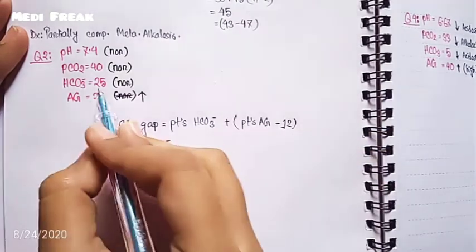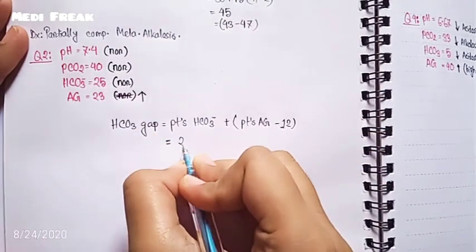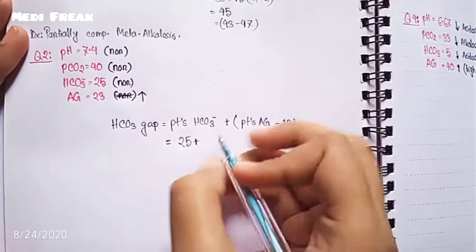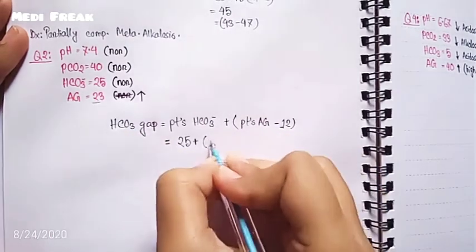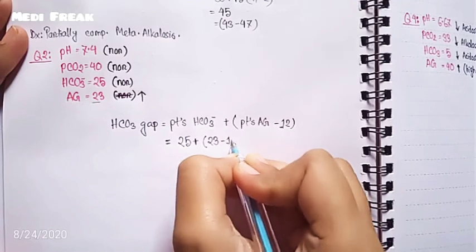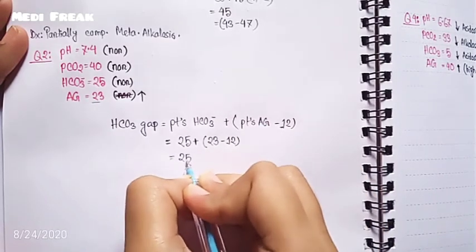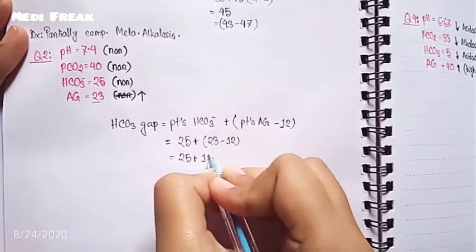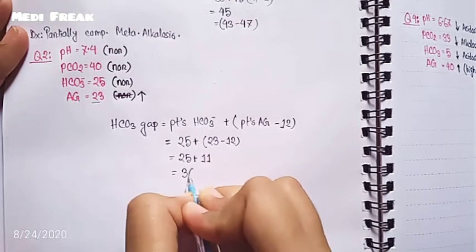Here the patient's bicarbonate is 25, so it is 25 plus anion gap 23, 23 minus 12. Okay, 25 plus 11.